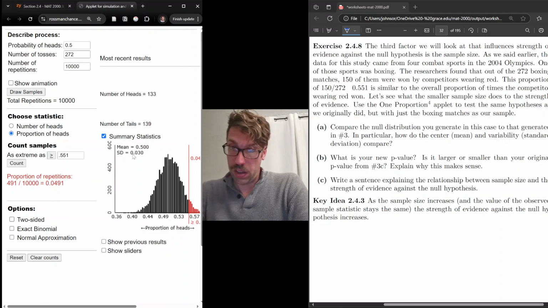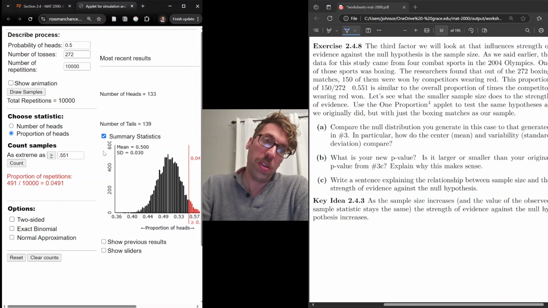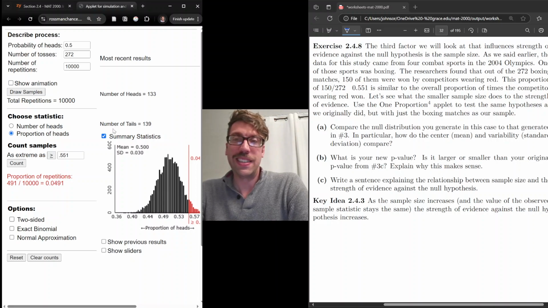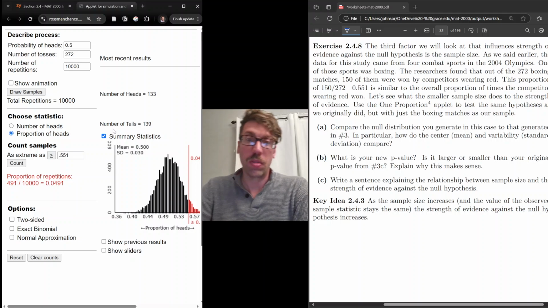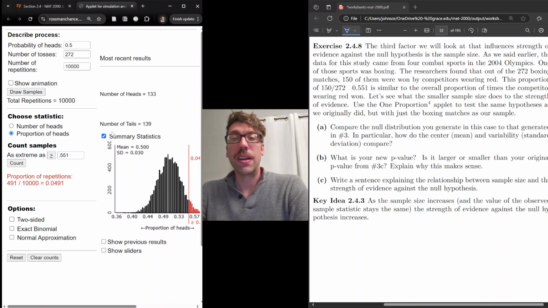What is your new p-value? So here's the new p-value. Is it larger or smaller than the original p-value for number 3? Explain why that makes sense. So the key there is, in your answer, you need to explain why that makes sense. Write a sentence explaining the relationship between the sample size and the strength of evidence against the null hypothesis.